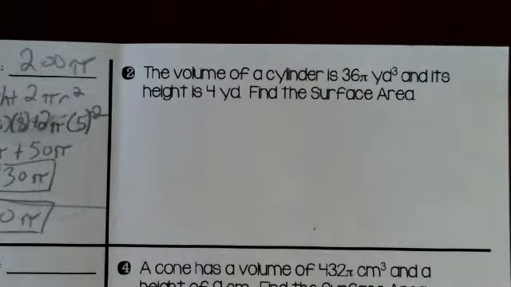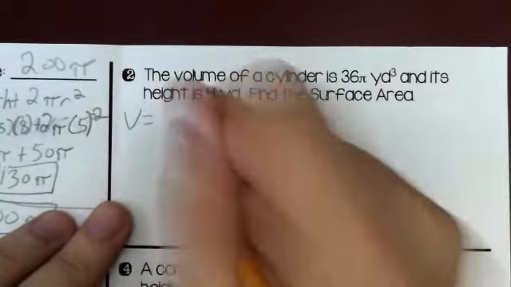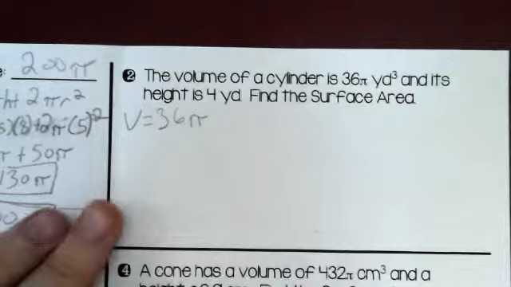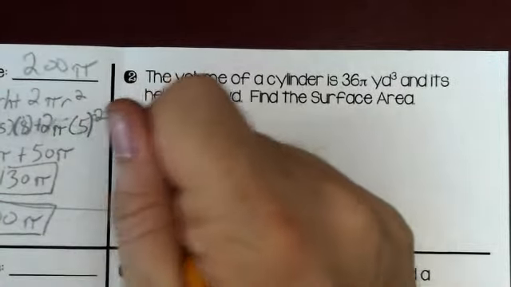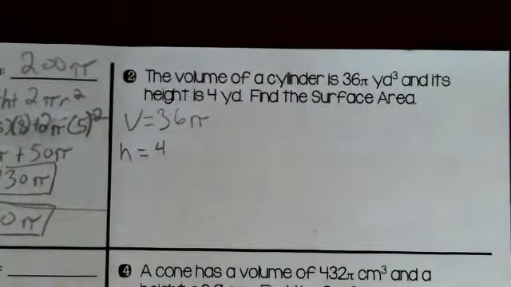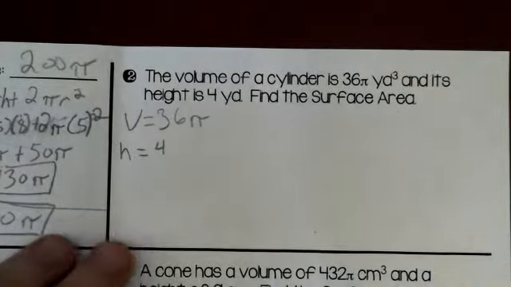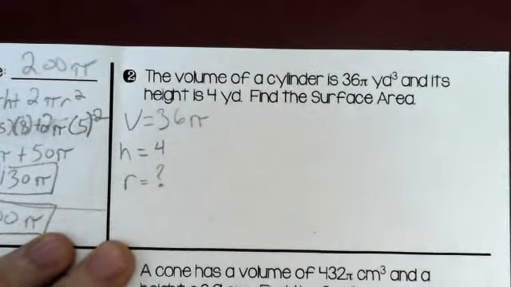Let's look at our other example for cylinders. Here they tell us the volume of a cylinder is 36 pi. So I'm going to start with V equals 36 pi. And the height is 4. And we want to find the surface area. Well, to find the surface area, we're going to need to figure out what our radius is.